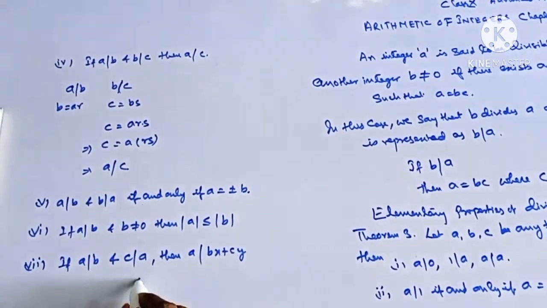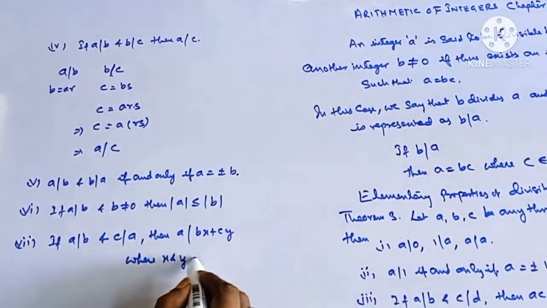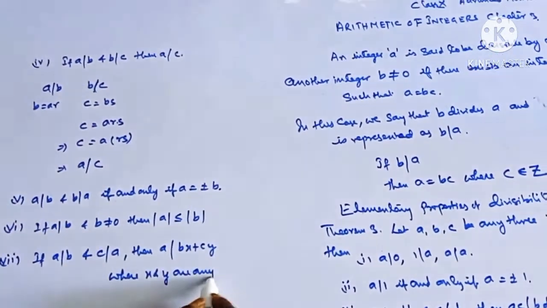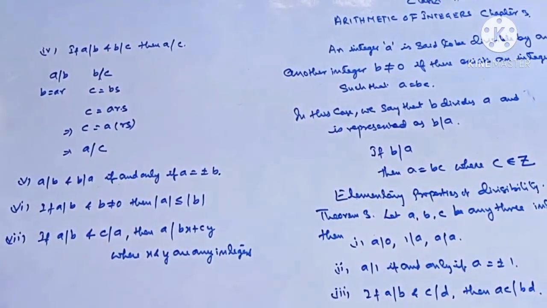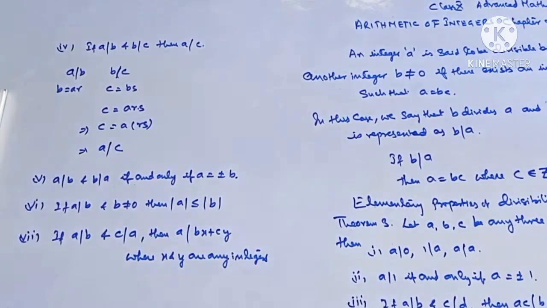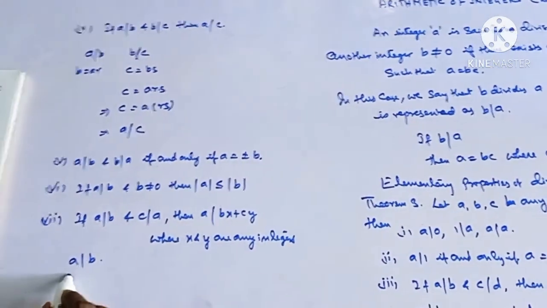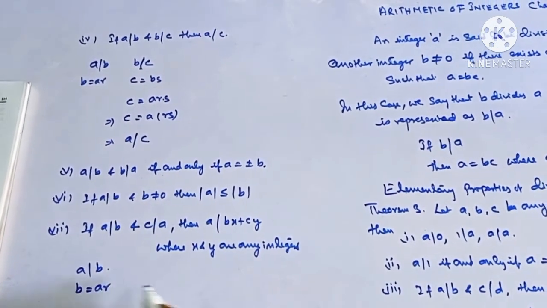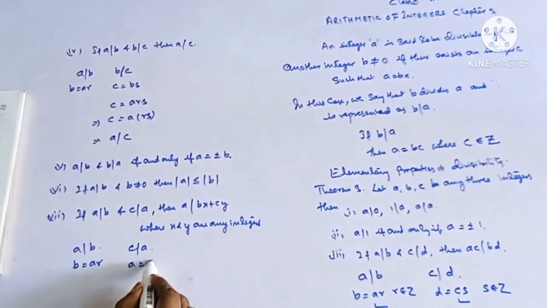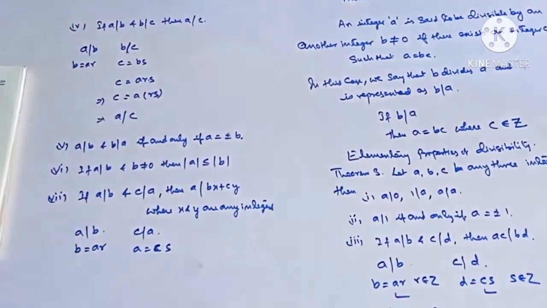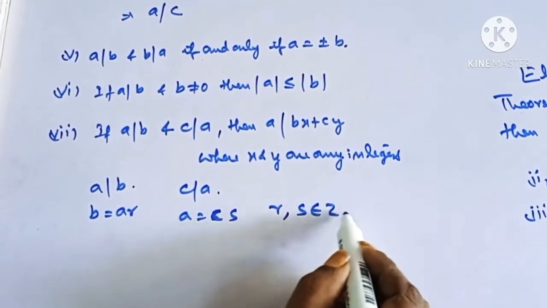Now see one thing here. a divides b, so we can write b is equal to ar, r is some integer. a divides c, so we can write c is equal to as, s is some integer. Because both r and s belong to the integers.